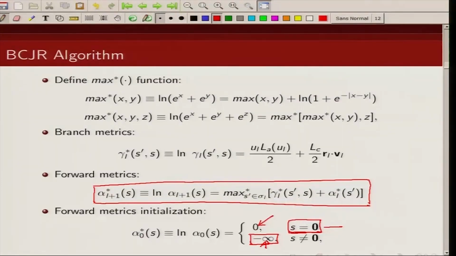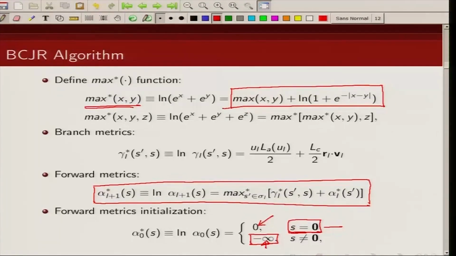Now if you are wondering why I am switching from the probability domain to this log domain, we have shown that the max star operator can be very easily implemented, because it is just the maximum of x and y plus some correction term.